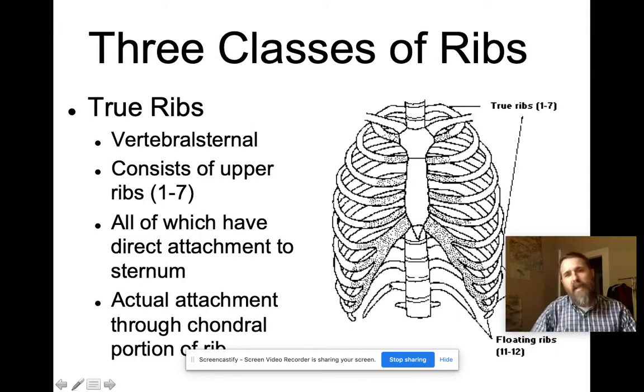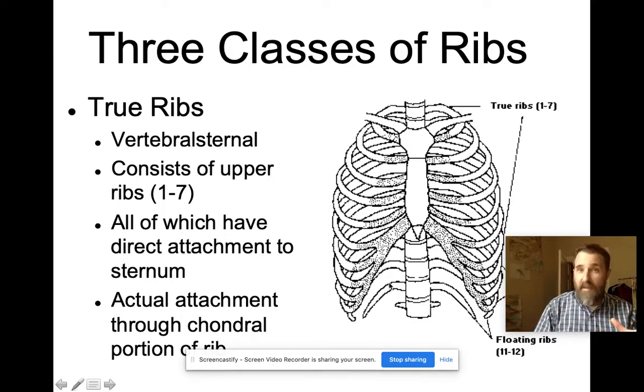We have three main categories of ribs, and they're categorized according to what they're connected to. So we have the true ribs, also known as the vertebral sternal ribs.